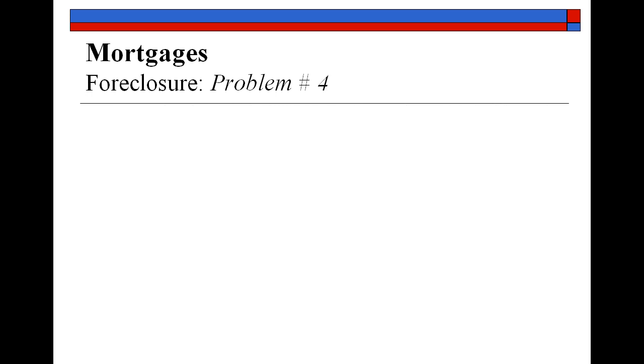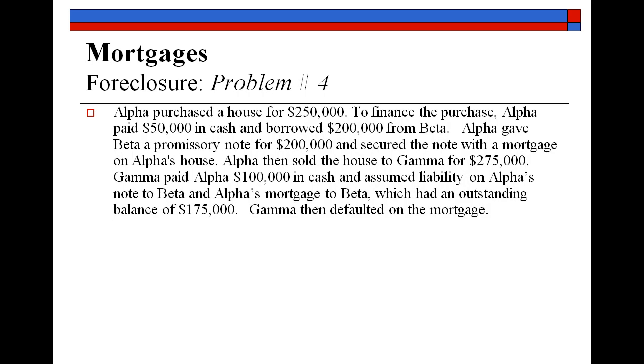Problem number 4 begins with a similar set of facts. However, we're going to see a significant difference when the property is sold to Gamma. So we begin again with Alpha, who purchases a house for $250,000. To finance the purchase, Alpha pays $50,000 in cash and borrows $200,000 from Beta. Alpha gives Beta a promissory note for $200,000 and secures the note with a mortgage on Alpha's house.